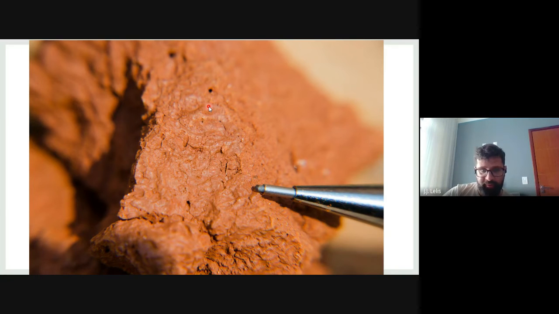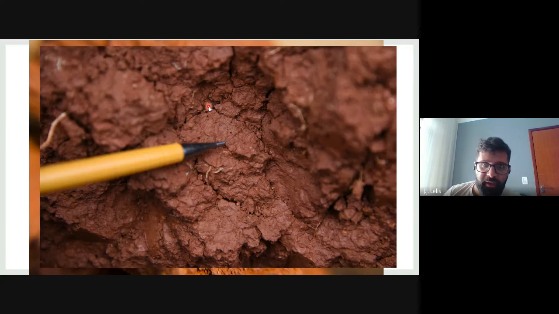The deepest is the oldest, and the one very close to the surface is the newest, the youngest. Okay. Here we can see very easily these clay skins on the surface. So they present and show us that this horizon expresses migration of clay from the surface to the subsurface, okay?